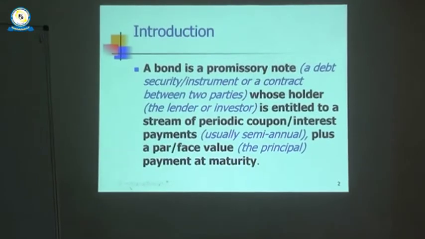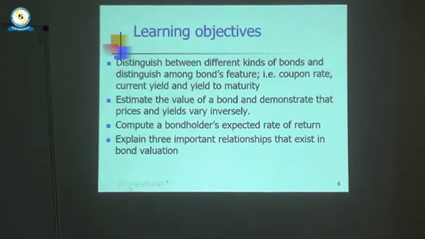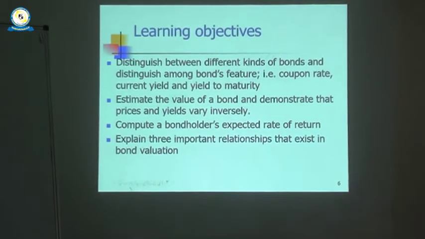So, the objective of this bond valuation is to distinguish between the different kinds of bonds, and we shall see bond features, for example, coupon rate, current yield, yield to maturity, that in total are the features of the bond.